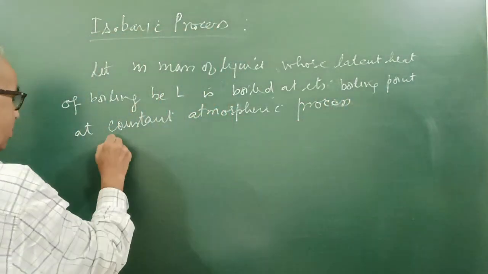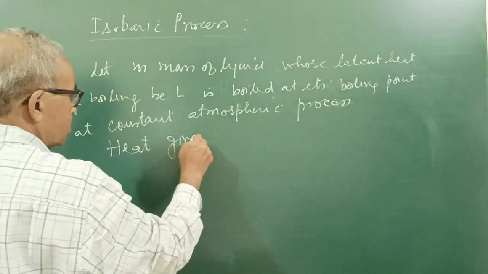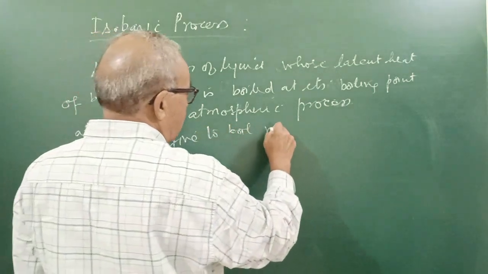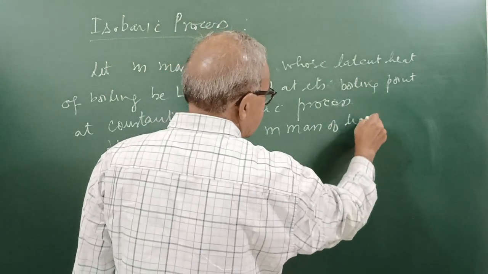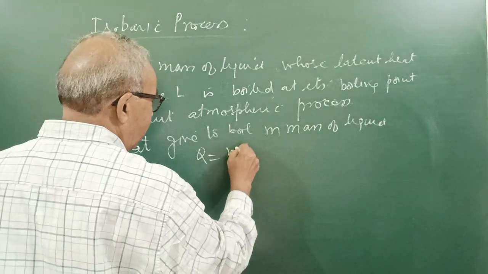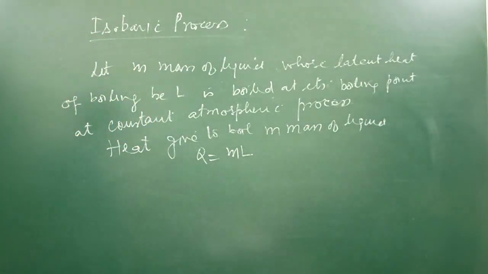The heat given to boil the mass of liquid is Q equal to m into L. You know it very well. I have given a definition of latent heat.